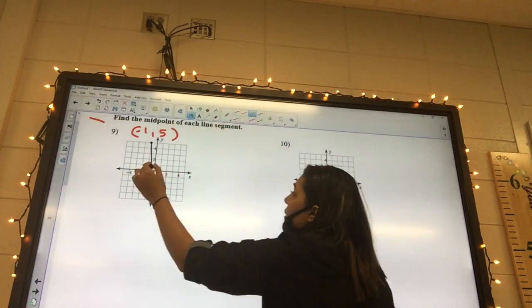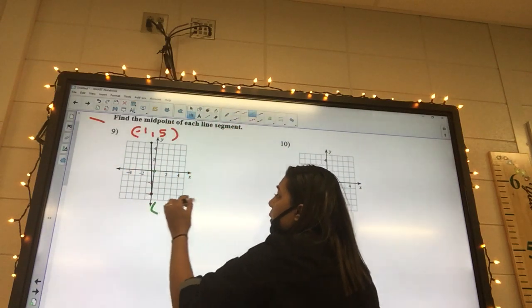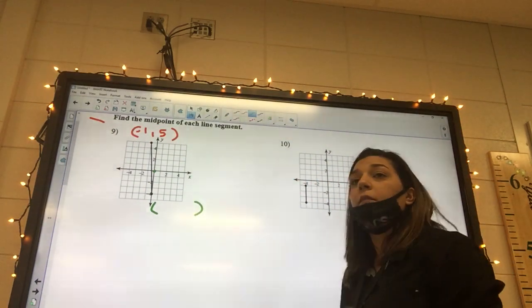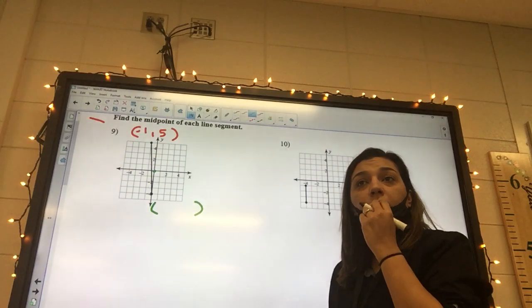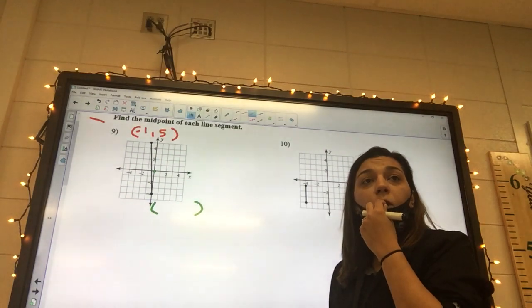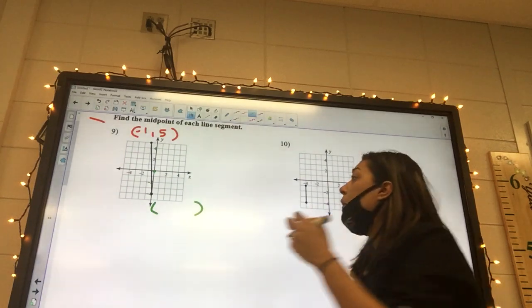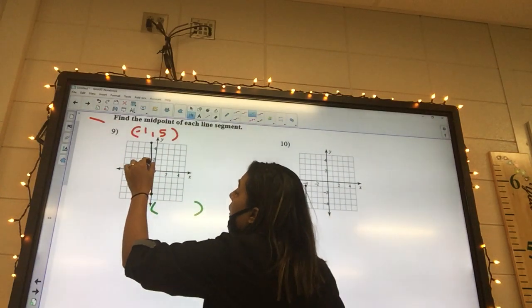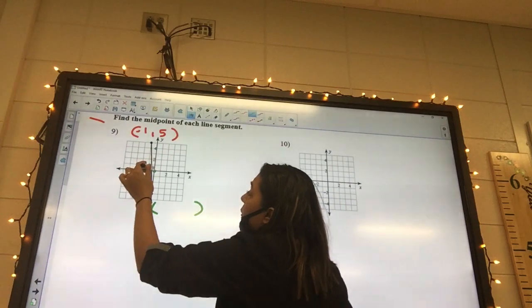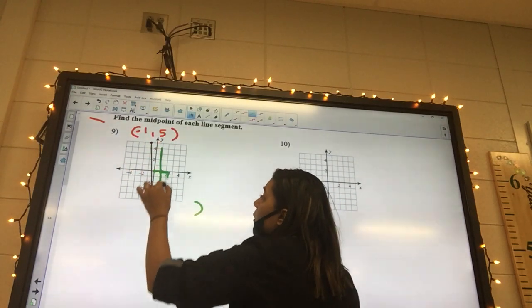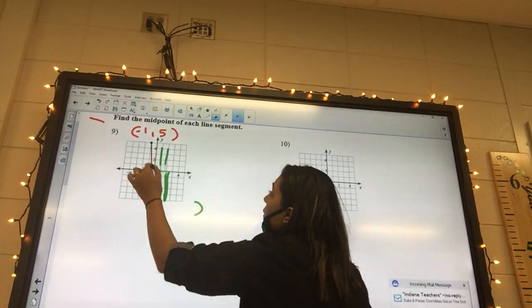Once again, we start at 0. How do I find this other point? How many left and right do we go? We don't go left and right at all, because my line is somewhere below this.